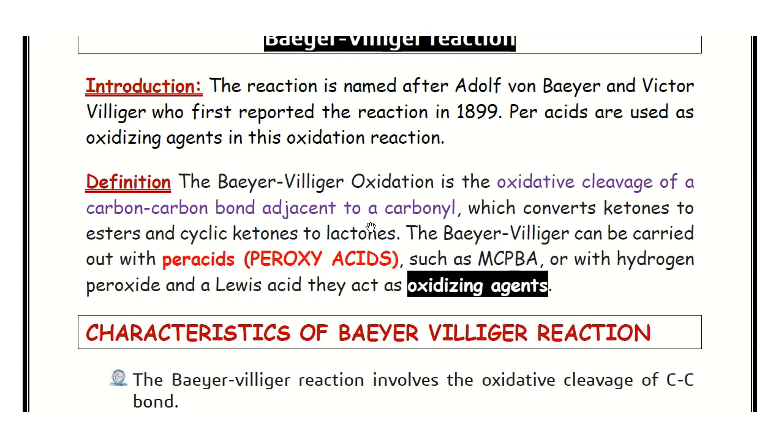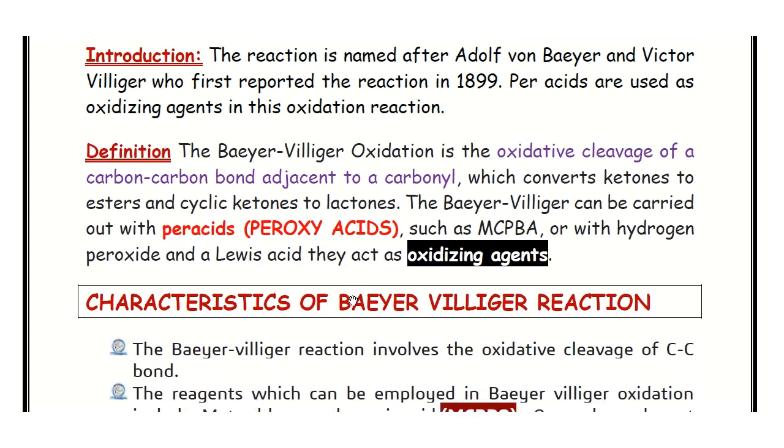In the reaction mechanism, you will observe the oxidation causes the cleavage or breakage of the carbon-carbon bond which is adjacent or near to the carbonyl functional group. As this bond is broken, oxygen is introduced, and in this way ketones are converted into esters. This oxidative cleavage is caused by oxidizing agents that are mostly peroxy acids.